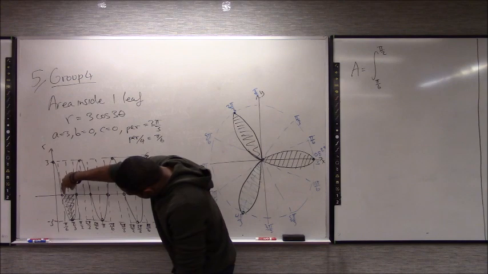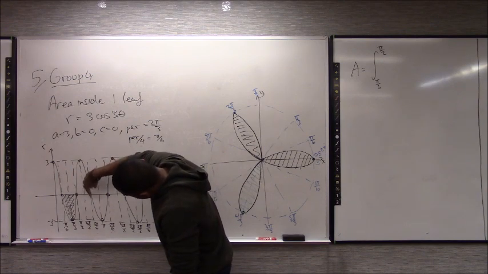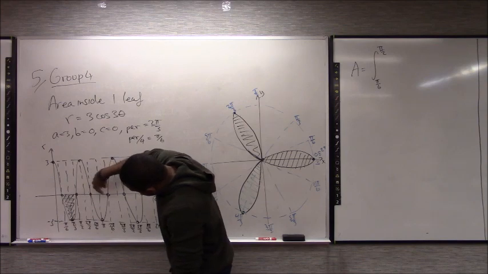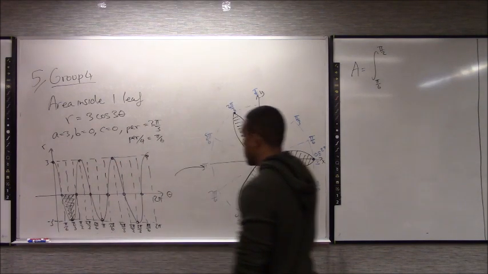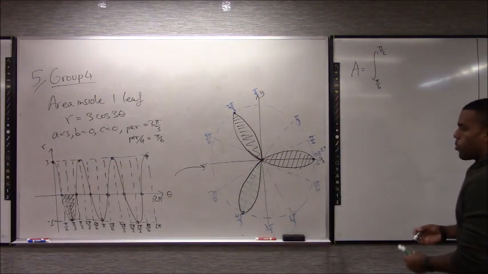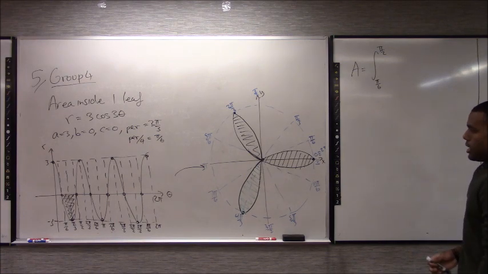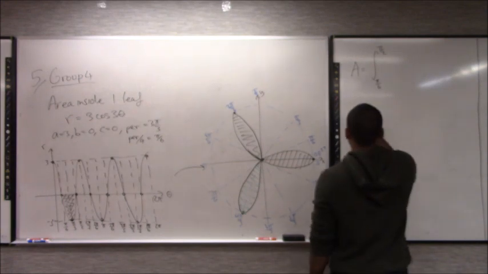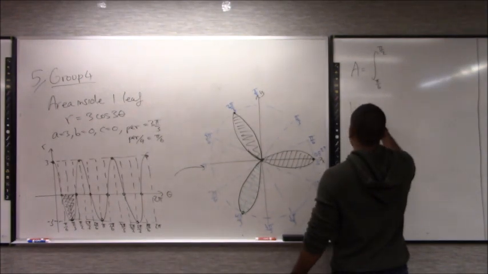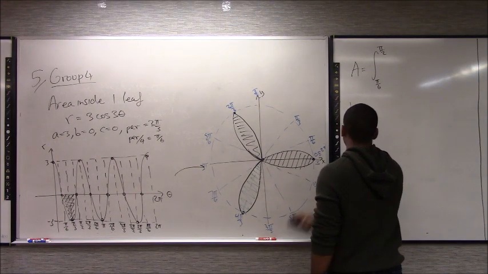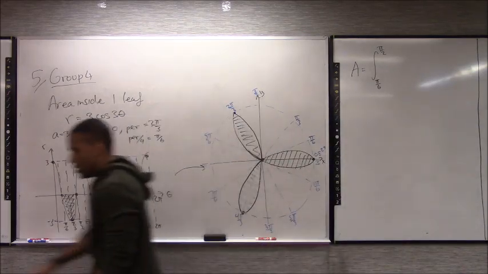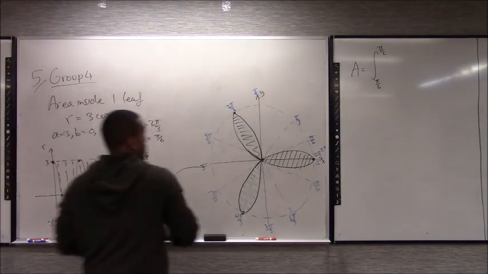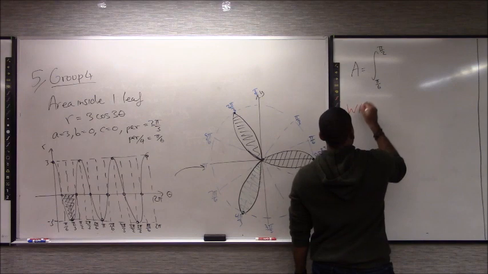You could integrate from pi over 6 to pi over 2, or pi over 2 to 5 pi over 6, or 5 pi over 6 to 7 pi over 6, etc. A word of caution here, you need to make sure that, warning, maybe that should be in red, you always integrate in increasing angles.